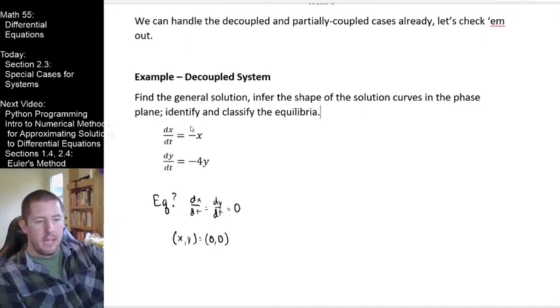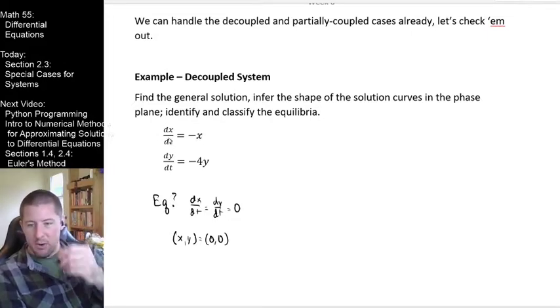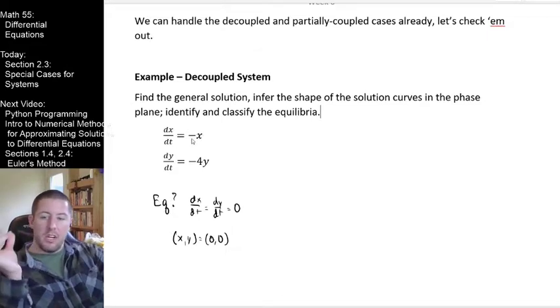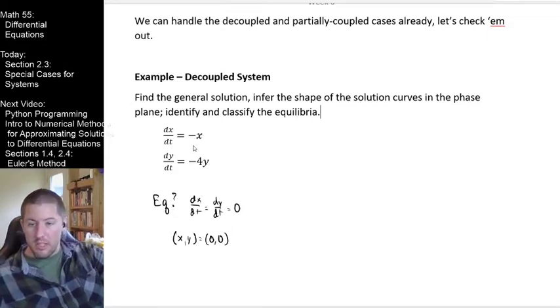But what I am seeing is that this x equation is decaying over time, right? If your x value is positive, then your dx dt is negative, so it's going to decay towards 0. On the other hand, if your x value is negative, then dx dt is positive, because negative of negative makes a positive. And so if you're negative, you're going to grow towards 0. And as x gets closer to 0, dx dt gets closer to 0.